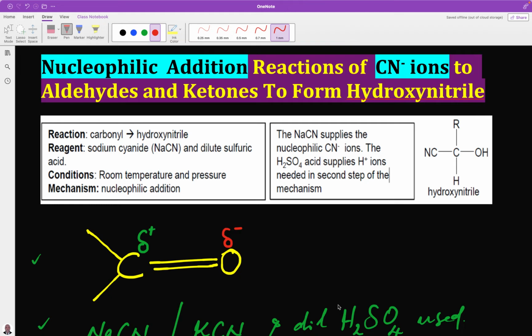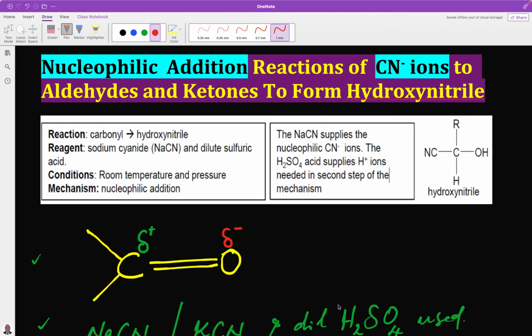The reagents we will definitely be using for this reaction, you could either use sodium cyanide or potassium cyanide and dilute sulfuric acid at room temperature and pressure. Of course, the mechanism of this reaction is nucleophilic addition.